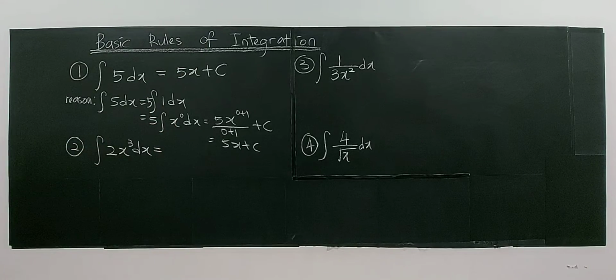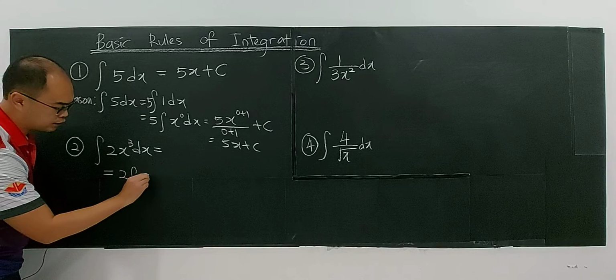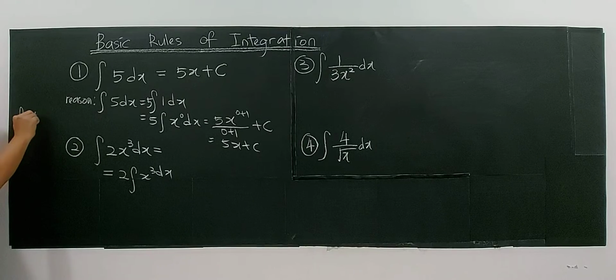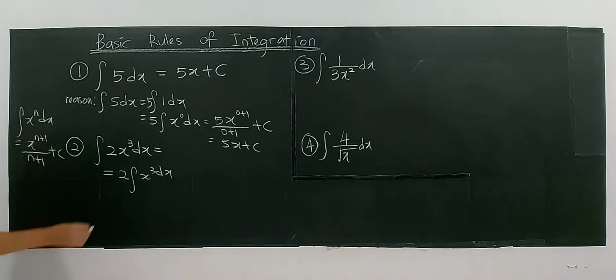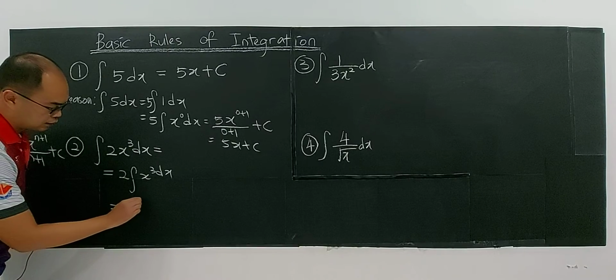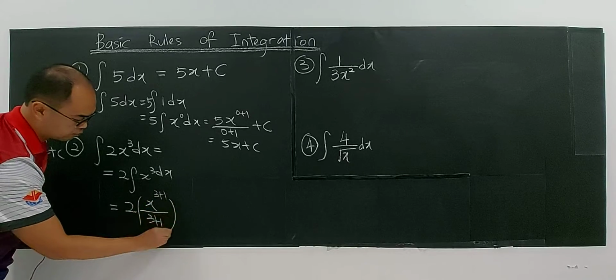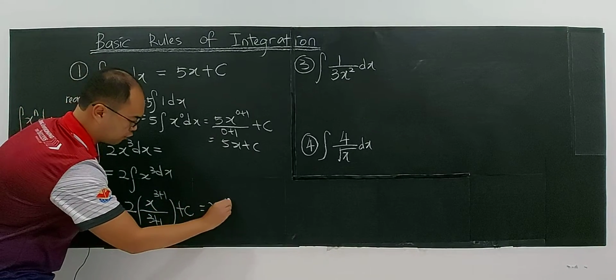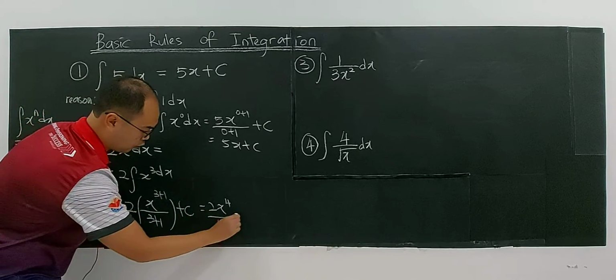Let's move on with the second example. We apply the basic rule. You can take out the 2, then integrate x to the power of 3 dx, which is x to the power of n. The formula is x to the power of n plus 1 divided by n plus 1, plus c. So you have 2 times x to the power of 3 plus 1 over 3 plus 1, plus c, which gives 2x to the power of 4 over 4 plus c.